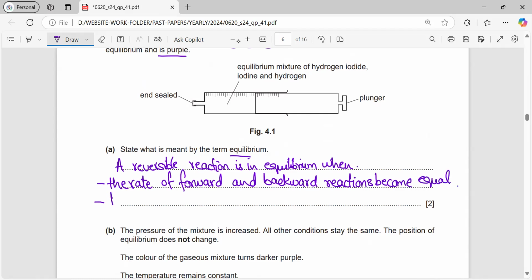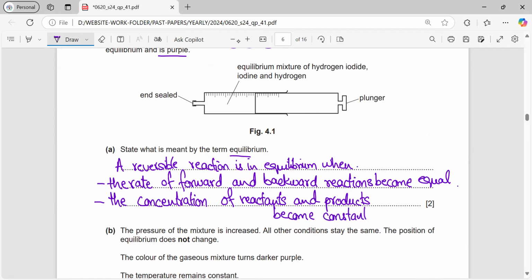And number 2 is when the concentration of reactants and products become constant. These are the two points which explain the term equilibrium properly. So we need to mention exactly these two points, whenever we define equilibrium, to get full marks.